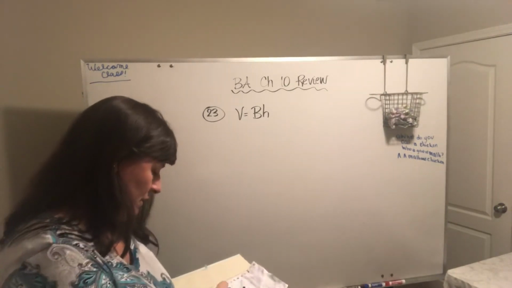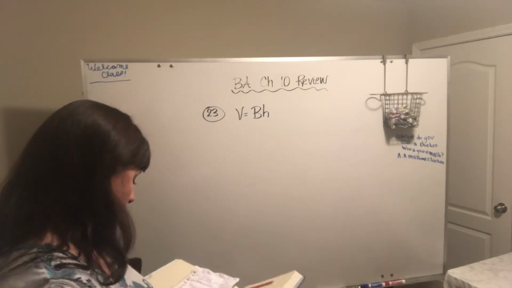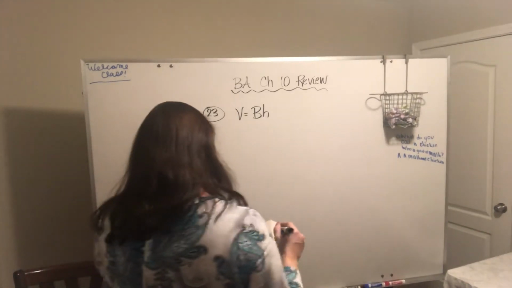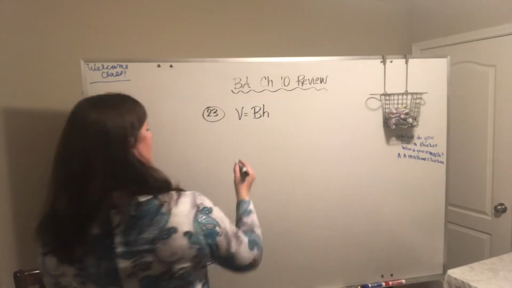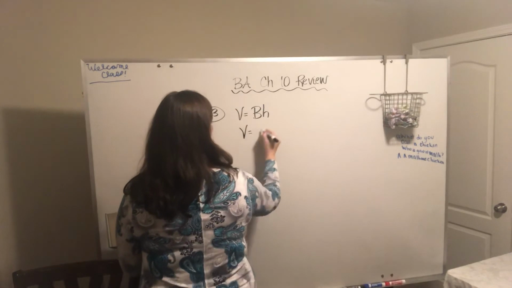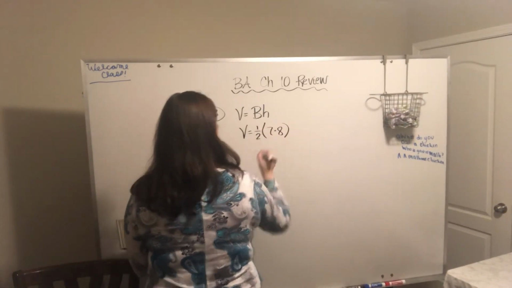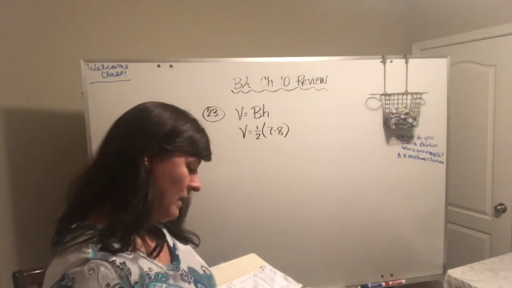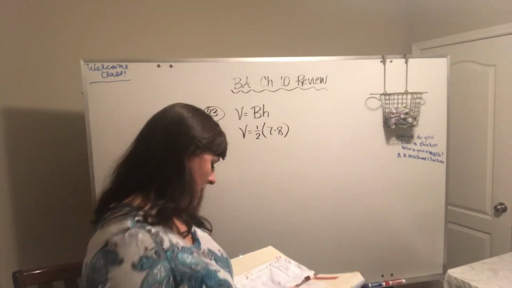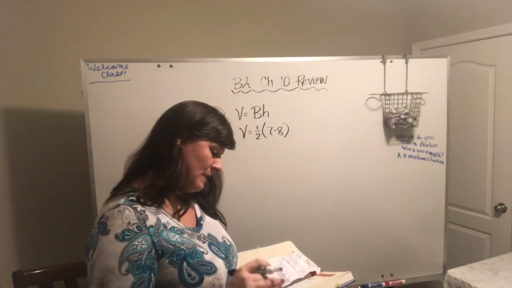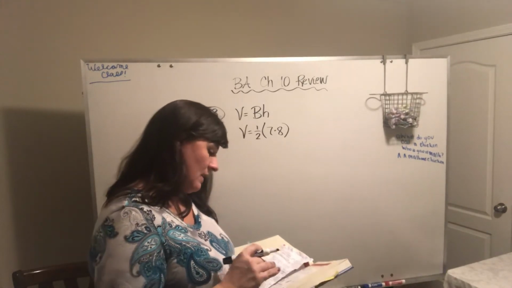So you have the area of the base. So 7 times 8, but you have half of that, because it's a triangle. Area of the base, 1/2 base times height, 1/2 8 times 7, times the height.